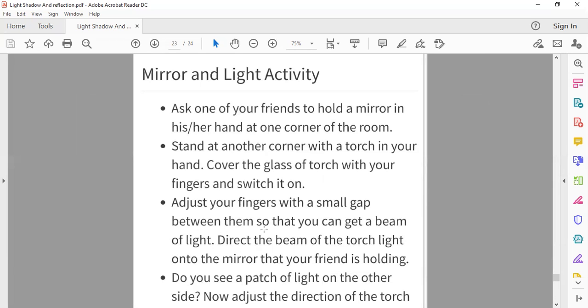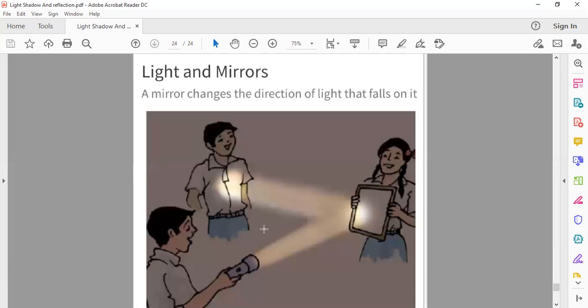So children, one more activity is there, this is activity 11.8 in your book. I will show you this activity. This is an activity on how the mirror changes the direction of light that falls on it. Many times you have done this activity with your friends even.